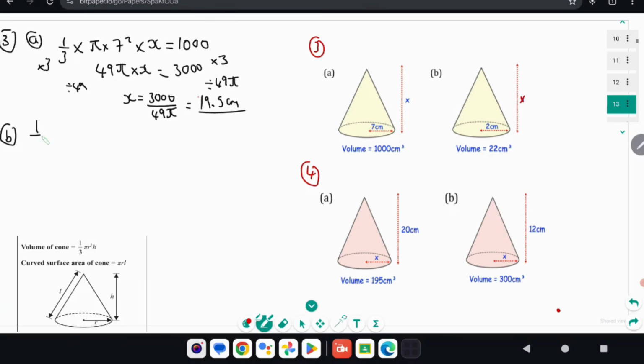So B, we have 1/3 times pi times 2 squared times x is equal to 22, times both sides by 3.